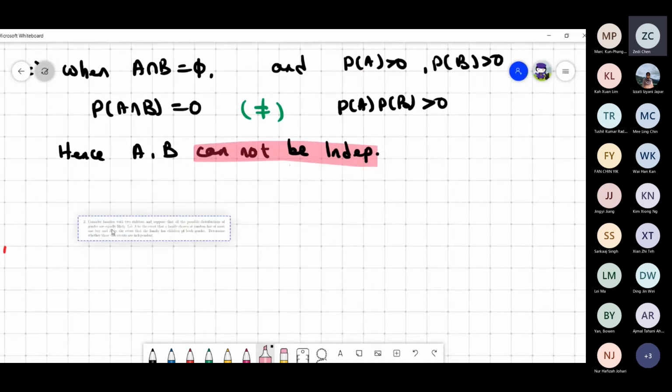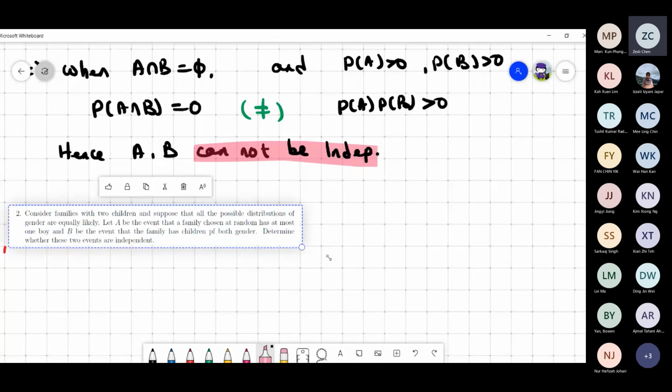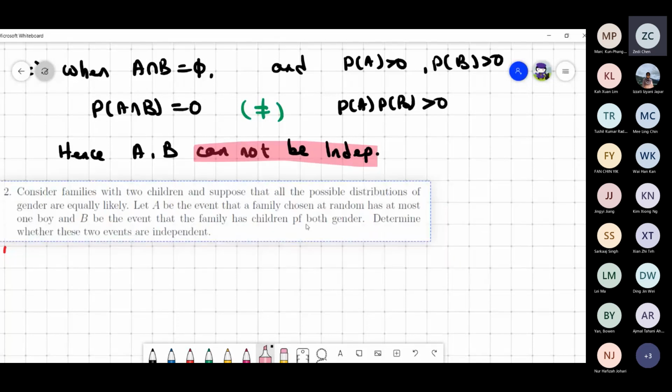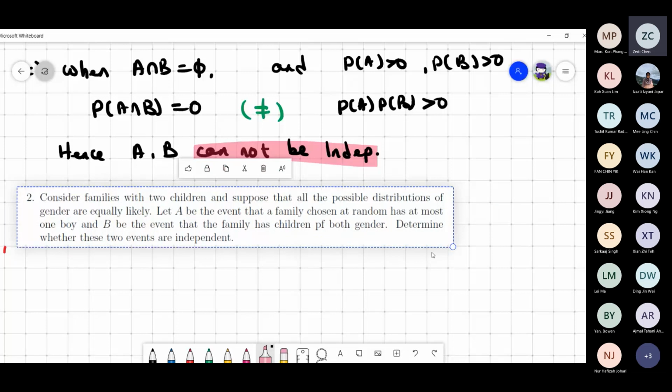All right, okay, so let's continue to question 2. Actually, what's the problem with question 2? Let me see. Oh, I have another proposal. Question 7 and question 8.